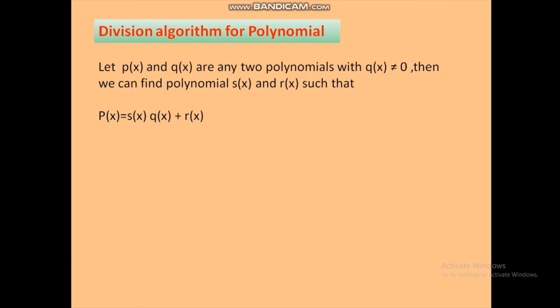What does it mean? If we divide polynomial px by qx, we get another two polynomials sx and rx such that px must be equal to the product of sx and qx plus rx.